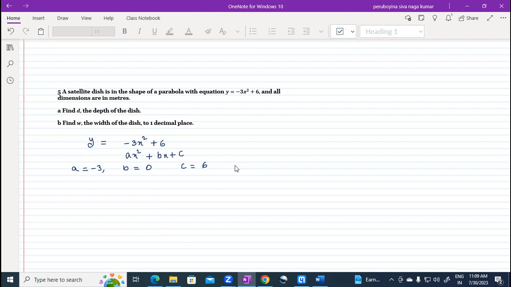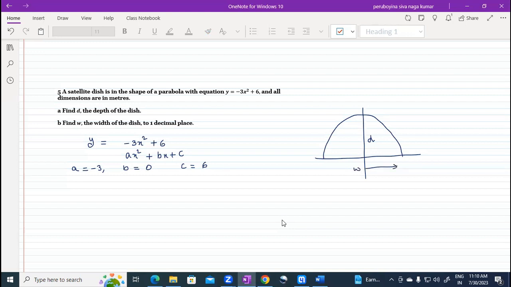The question asks for the depth d. As you are aware of this information, can you tell me the height? Height means what? This point, no? What is the y value? Let us consider this is the origin.